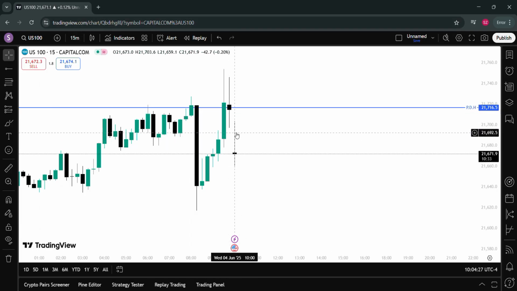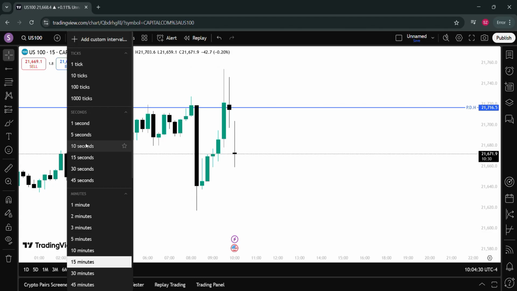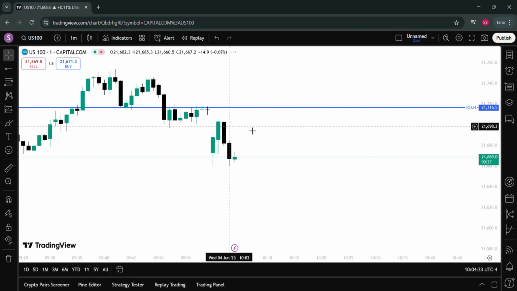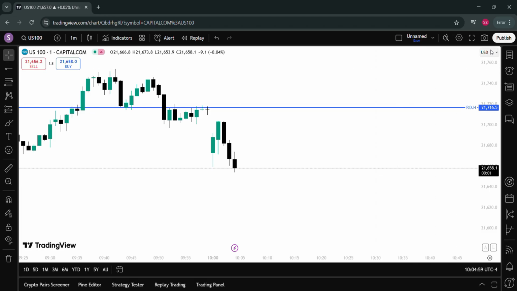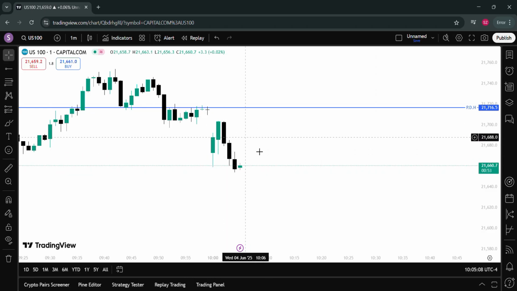Price did fill some of it, but most of it is still left. As you can see, price filled some of the gap and then it's crashing down. But I think it's gonna fill up this gap again.